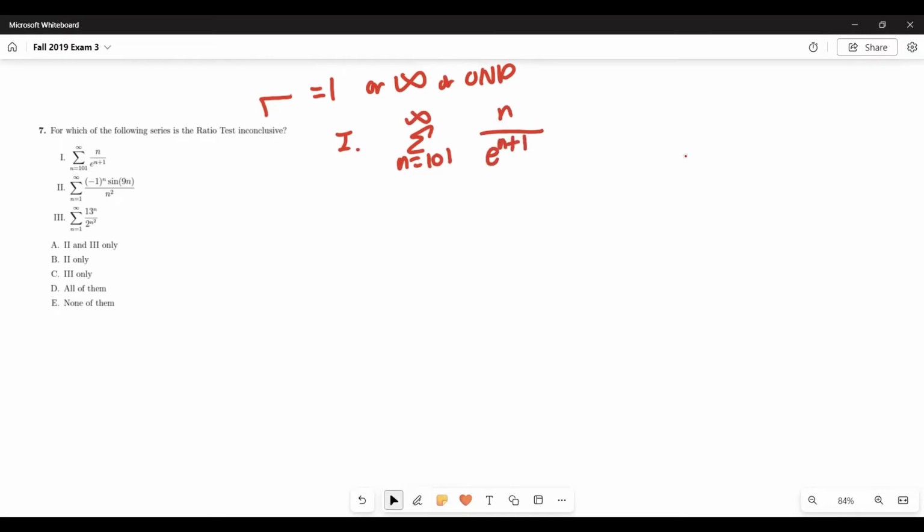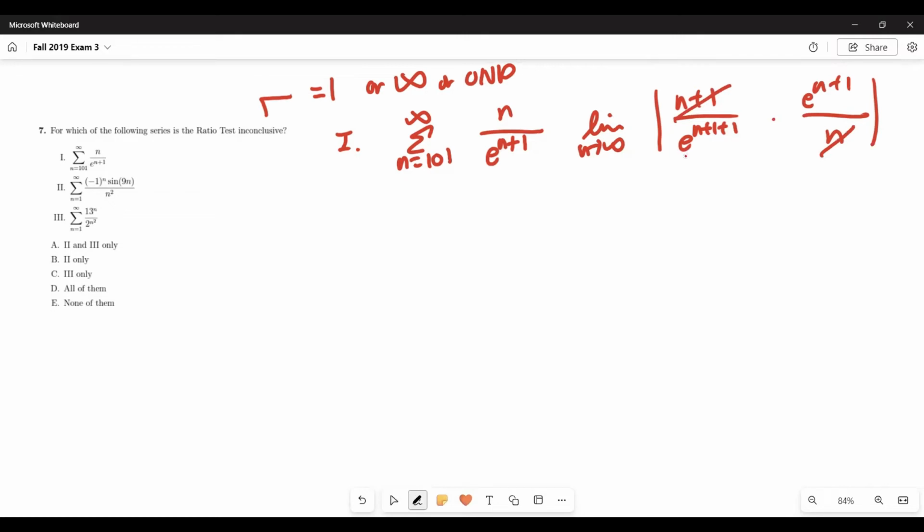e^(n+1). So if you do the ratio test, limit as n goes to infinity, this will be (n+1) over e^(n+1), divided by the original, so this will be the reciprocal, e^n over n. This will just go to 1, because as it goes to infinity, by L'Hopital's rule, this will be just 1.